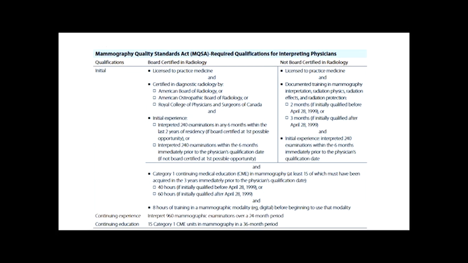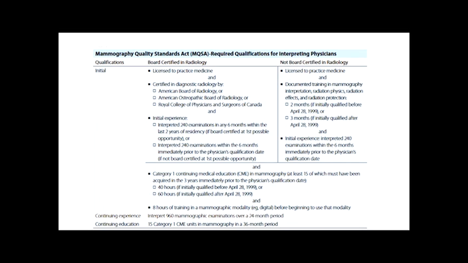Then you'll see that it has continuing experience and continuing education. And the experience for the physician is based on numbers of mammographic exams over a period of 24 months with a number of 960. And so in each of these categories for the different participating personnel in a mammography program, you're going to see the continuing experience with a number and the continuing education also with a number.